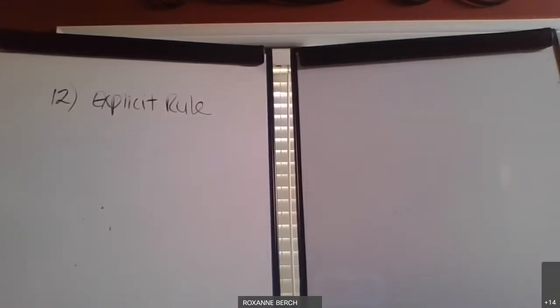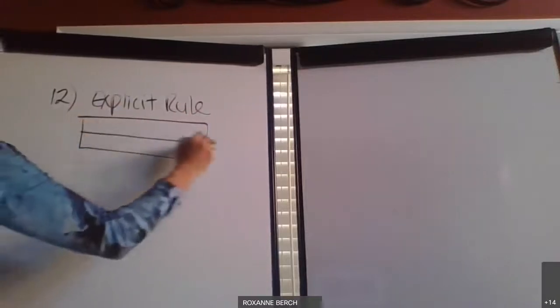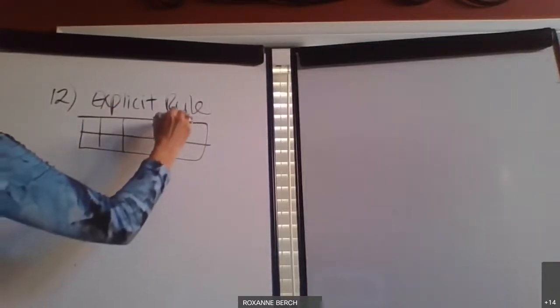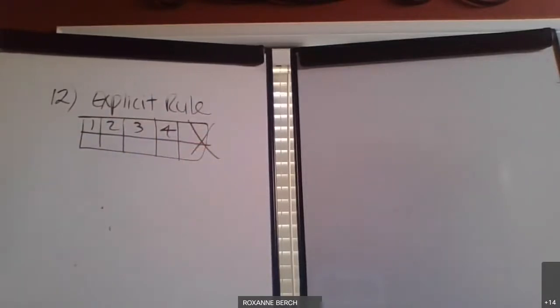So for number 12, I personally think my book is wrong. If you were going to draw a table, I would start at 1. And if the starting position was 1, what would the first term be? It would be 2, wouldn't it?